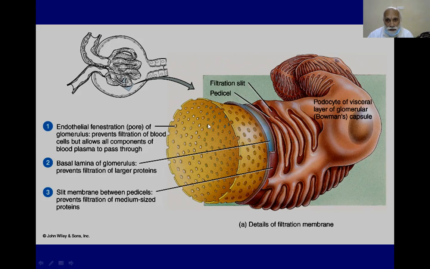So what goes from the plasma here in the capillary into the Bowman space is plasma. That means there are no cells, and there is also no protein. So you can simply call it the ultrafiltrate, free of plasma proteins.